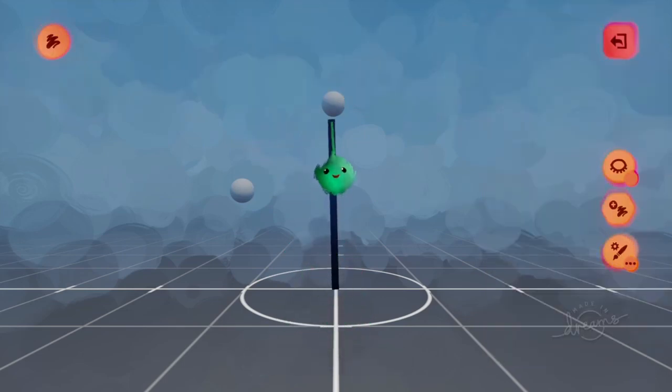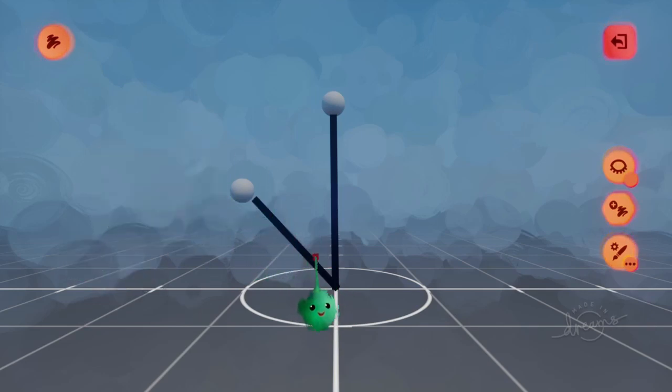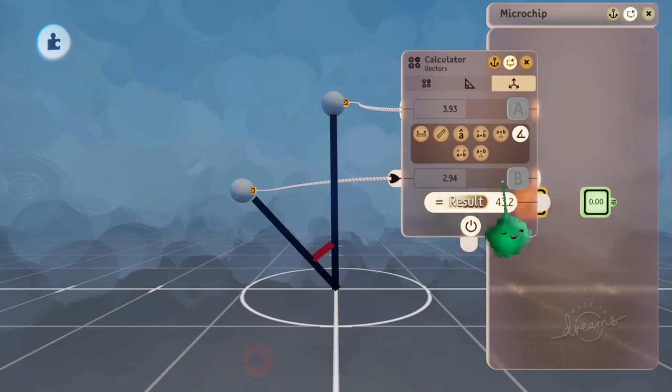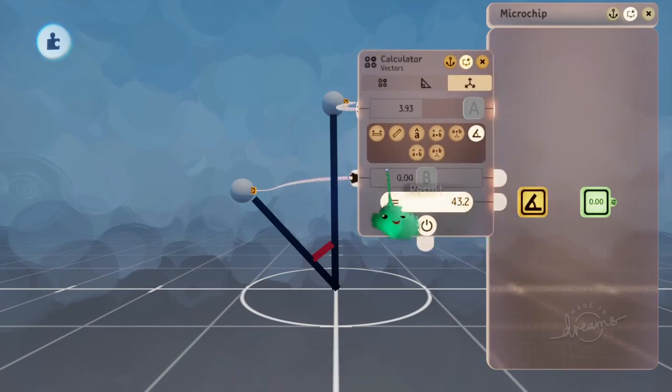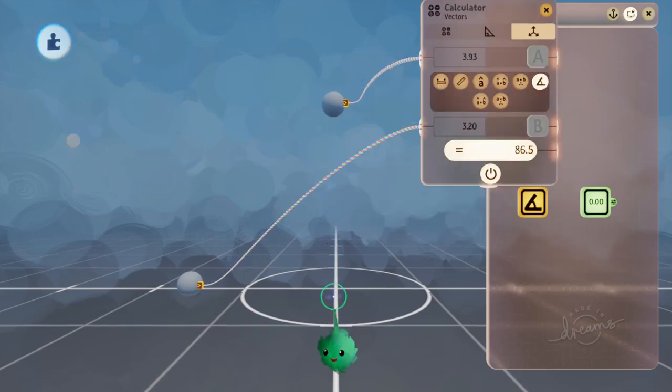So if we add a line there, and a line there, then we'd want the angle here, and that's what it's outputting. But interestingly, with this particular operation, it sends us degrees instead of radians. So this is 45 degrees. If you put that around to there, you'll expect it to be 90 degrees because it's a quarter around, and it's giving us about 90 there. All of that is measured from this center point of 0.